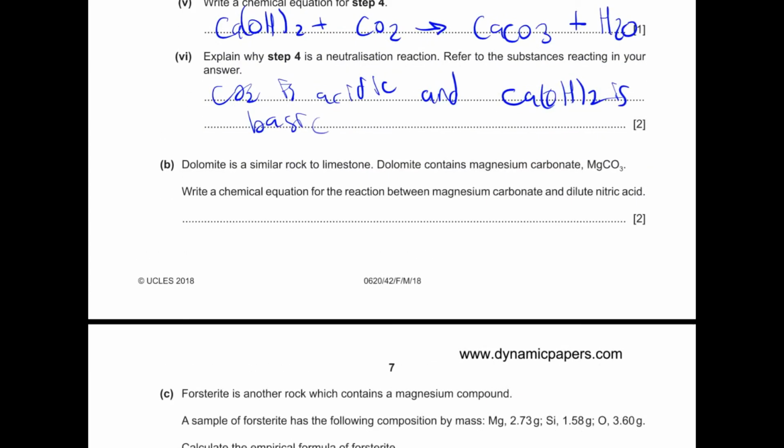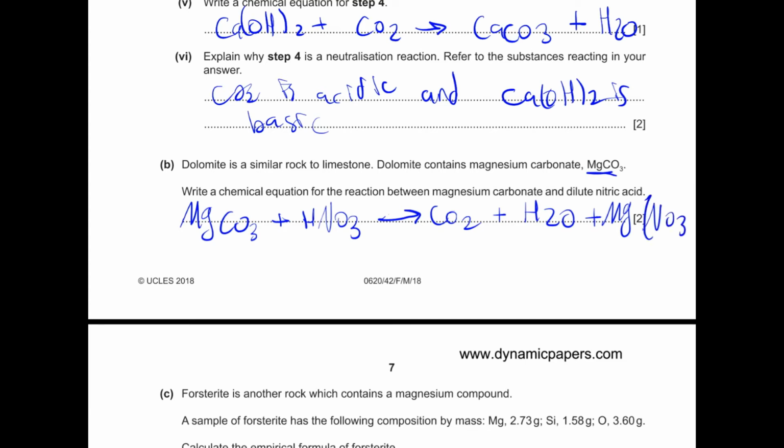Question B. Dolomite is a similar rock to limestone. Dolomite contains magnesium carbonate, MgCO3. Write a chemical equation for the reaction between magnesium carbonate and dilute nitric acid. So magnesium carbonate with nitric acid HNO3 makes CO2, H2O, and magnesium nitrate.